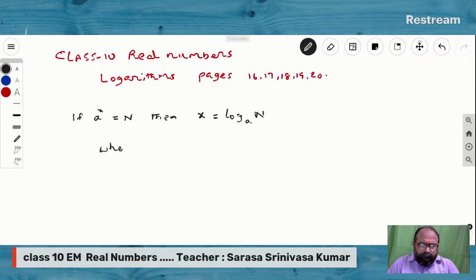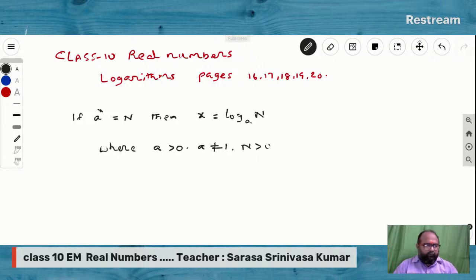Here, a is greater than 0, a is not equal to 1, and n is greater than 0, and a, n are real numbers. What is the meaning of this statement? Here, a and n are positive real numbers.